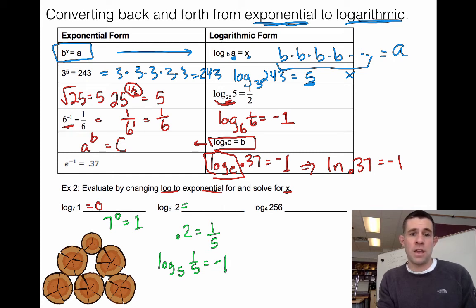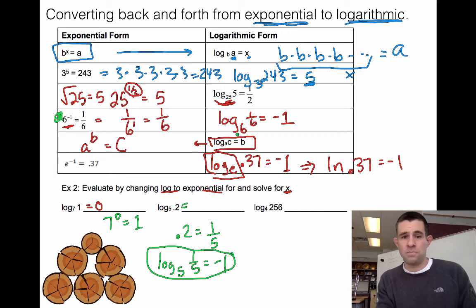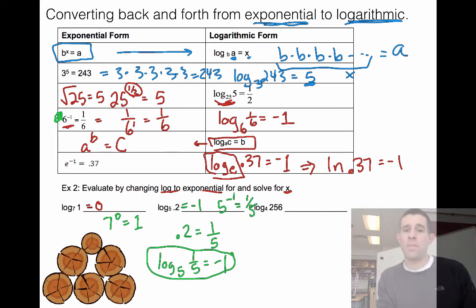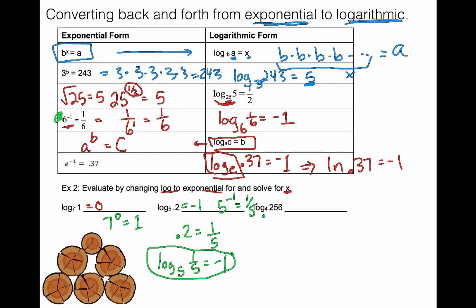Well, that should be negative 1. And that will be exactly the same example that we did right up here in the middle of our chart. So I know that this is going to equal negative 1. And if I want to convert that to exponential form, I'll say 5 to the negative 1 is equal to 1/5.